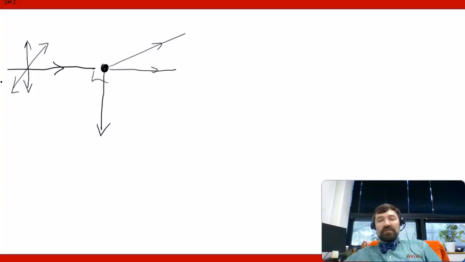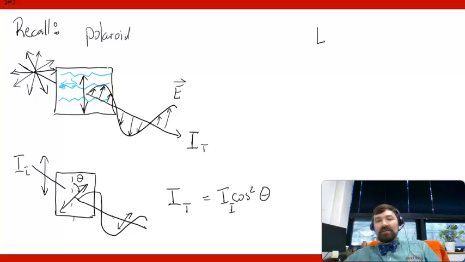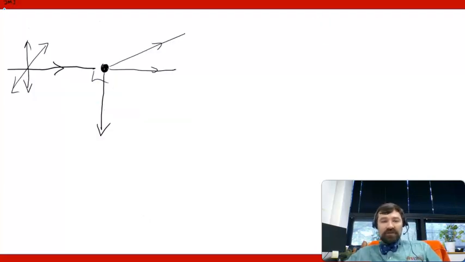Well, we know that the polarization direction has to be perpendicular to the light propagation direction. That's kind of in our recall: E is perpendicular to the direction of propagation S. And so down here, S is in this direction. Over here, S is in this direction.